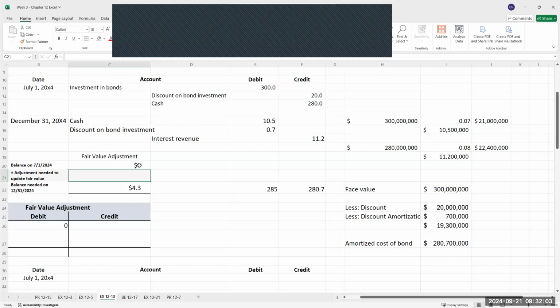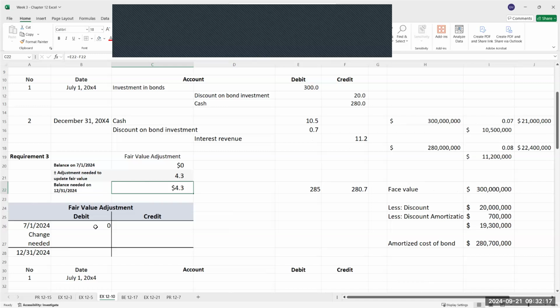So therefore, again, just like a bank account, you have $0 in your bank account and you need $4.30 to pay a bill. You need to go and deposit $4.30 into the bank account. So therefore, this was the beginning balance. We know the ending balance needs to be 4.3. So therefore, we deposit 4.3.